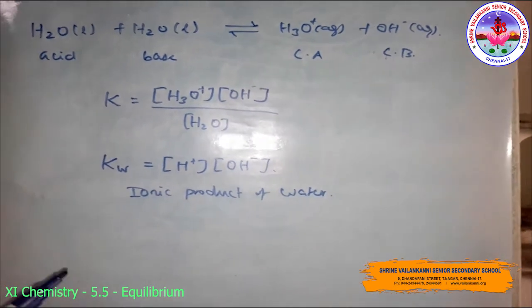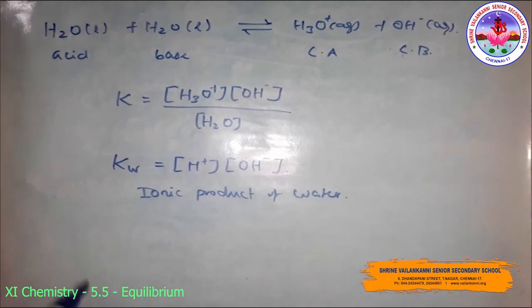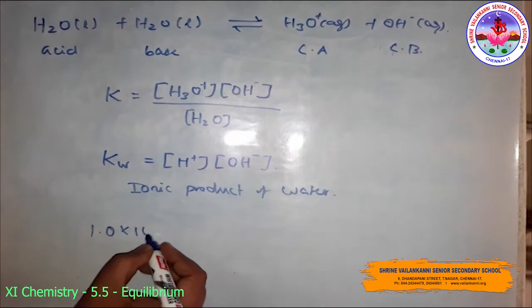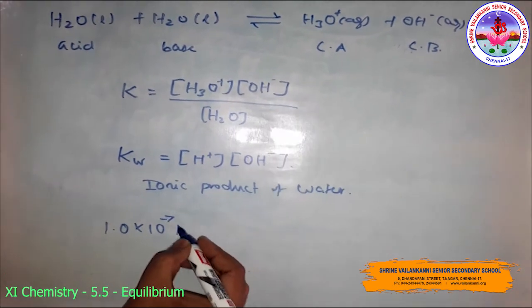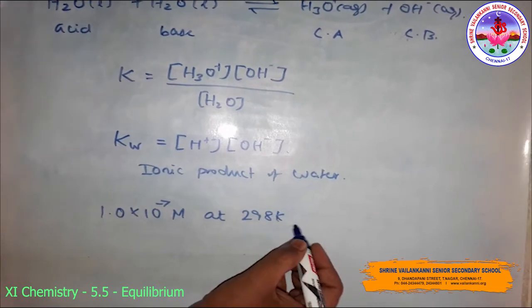The concentration of H plus has been found experimentally to be 1.0 into 10 power minus 7 molar at 298 Kelvin.